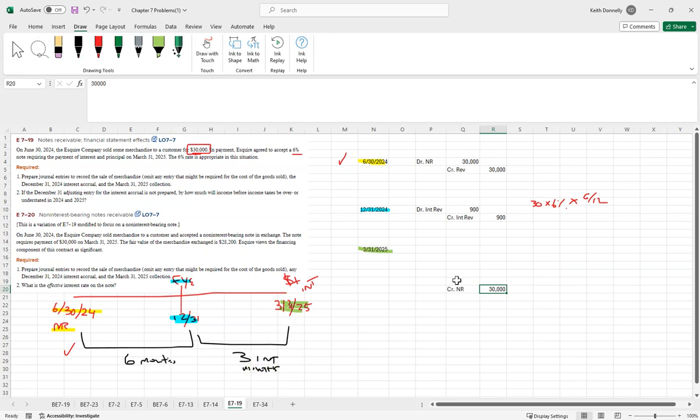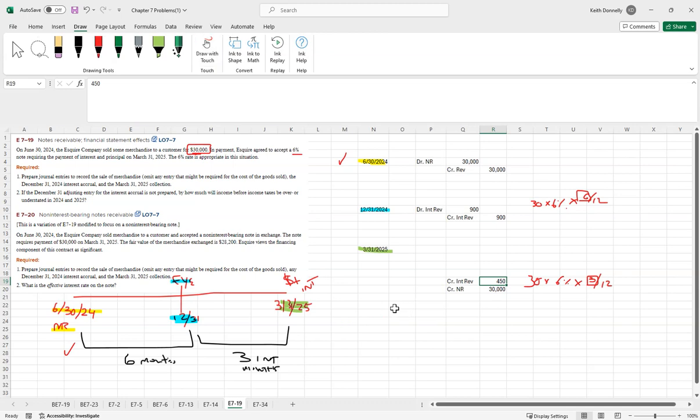So we will do, in this case, credit interest revenue, and that is going to be for $450. That will be 30 times 6% times 3 over 12. 3 for the 3 months up here, 6 for those 6 months over there.